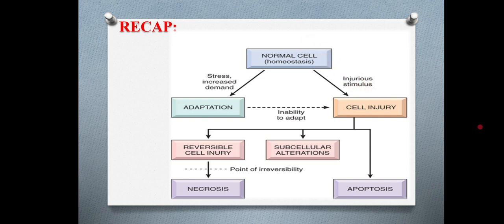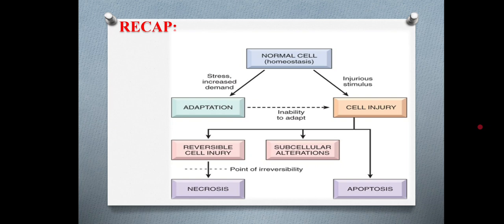When we talk about cell injury, I've always told you the importance of understanding how a human cell looks. From that basic cell, you form a tissue; from the tissue, an organ; from an organ, systems.